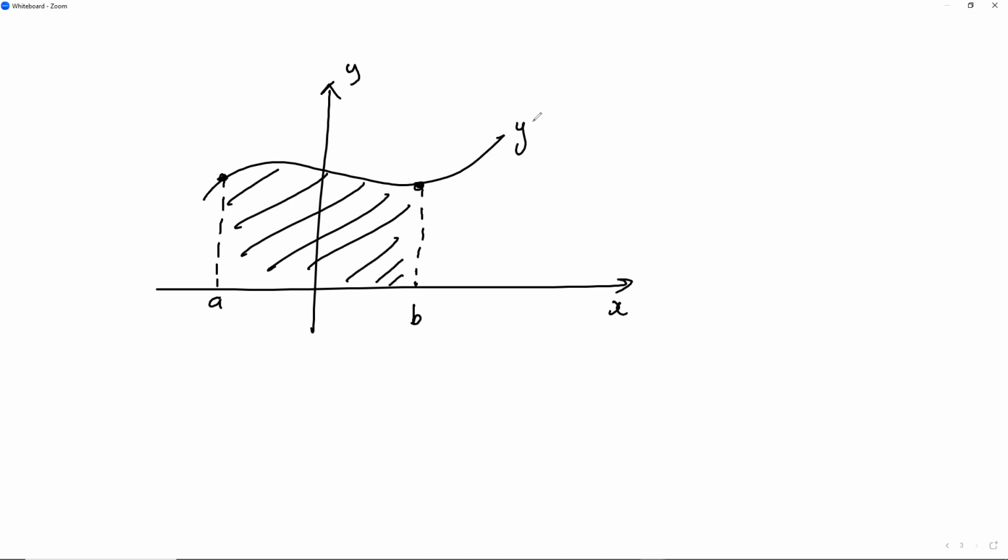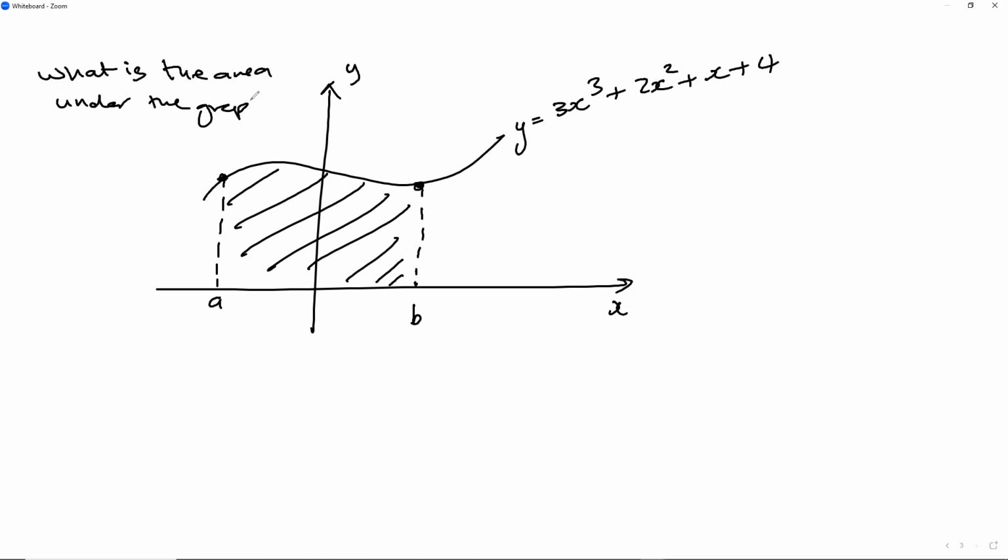Let's suppose this graph here is y equals 3x cubed plus 2x squared plus x plus 4. The question will say, what is the area under the graph, and this is definite integrals.